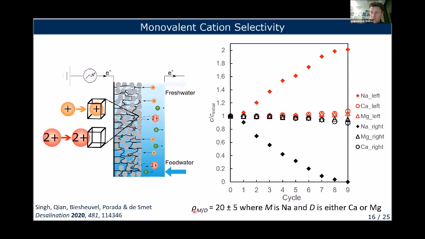So here, for example, rho for sodium compared to either calcium or magnesium gives us values in the order of 15 to 25 for this particular kind of experiment. So we do not coat the electrode here, it's just the intercalating material, which is PBA here. So that's a nice number, I would say.